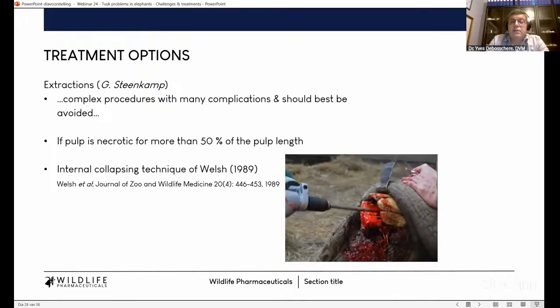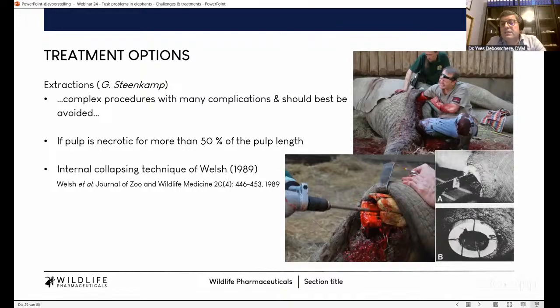The internal collapsing technique of Wells is that you just saw part in the wall of the tusk so that it collapsed, and then you can take out part by part by part, and you can see that it's very, very heavy duty work. You can see on A that the saw is going in, and that you can saw the tusk wall into small pieces.